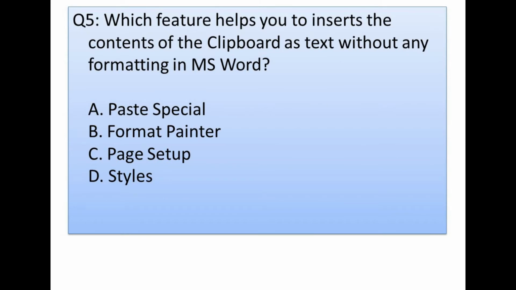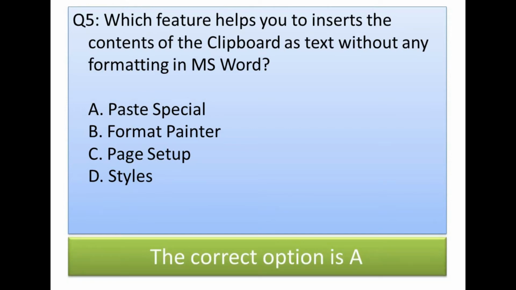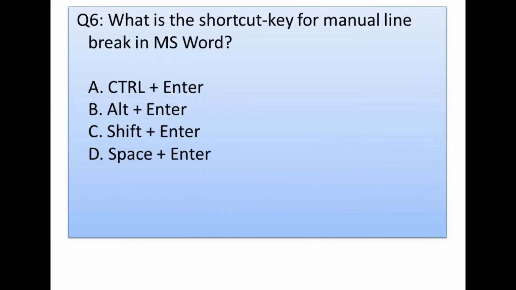Which feature helps you insert the contents of the clipboard as text without any formatting in MS Word? Paste special, format painter, page setup, styles. So the correct option is A. What is the shortcut key for a manual line break in MS Word?